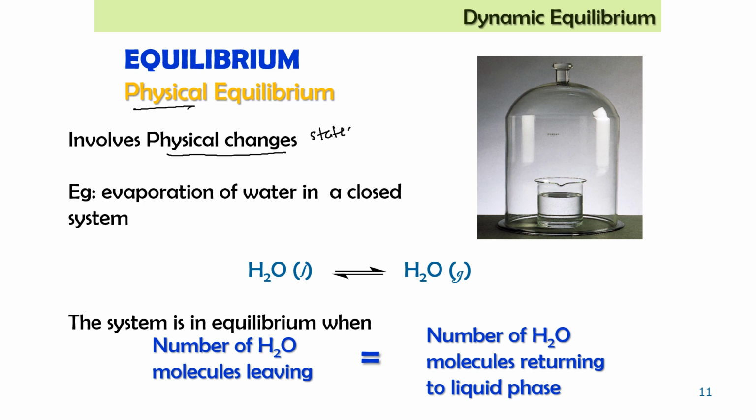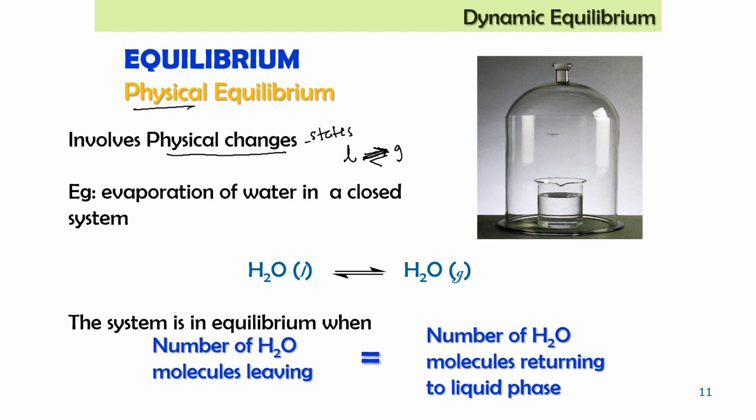The state changes, for example from liquid to gas. This is reversible. Or solid to liquid and so on, which involve physical changes that you can measure.